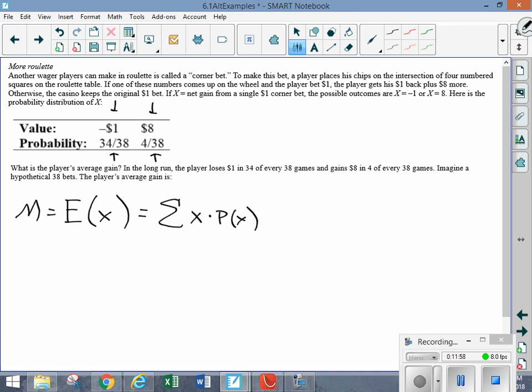Right, so in this case, that is just going to be -1, because that's our x value, times the probability that you get a -1, which is 34 out of 38, plus, because we're going to sum that, so this is our first x times our probability of x. Our second x times probability of x is going to be 8 times 4 out of 38. So this is our mean.